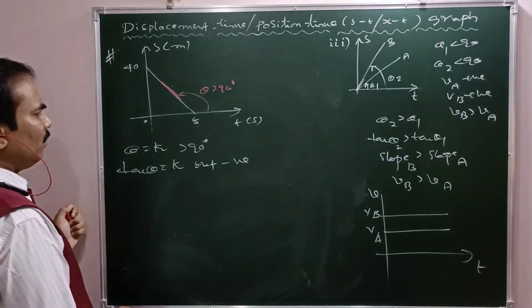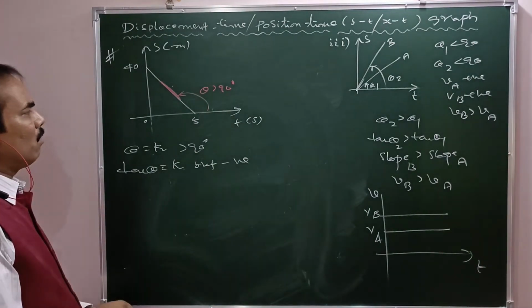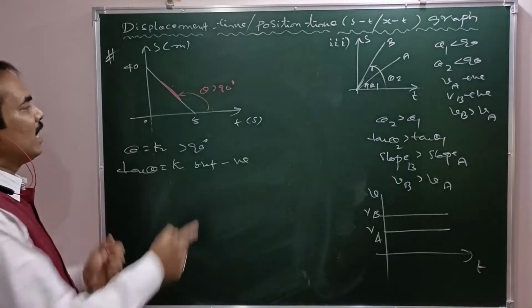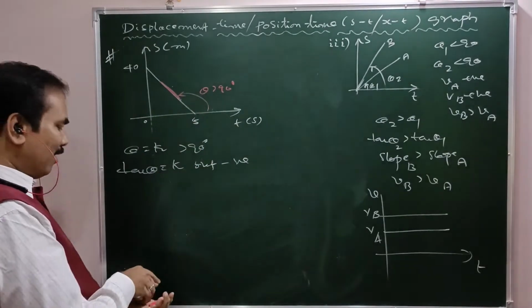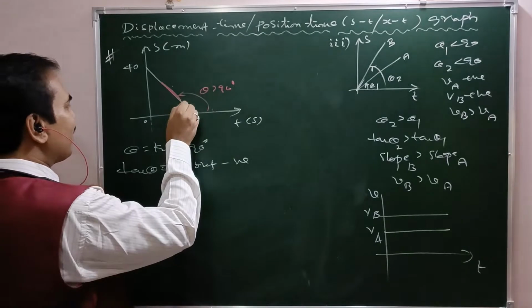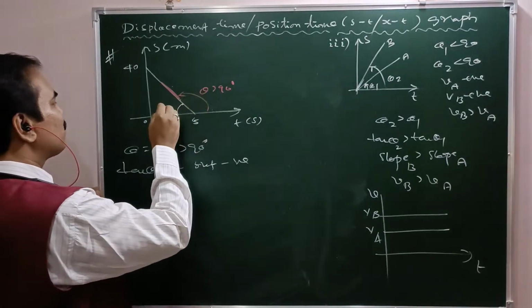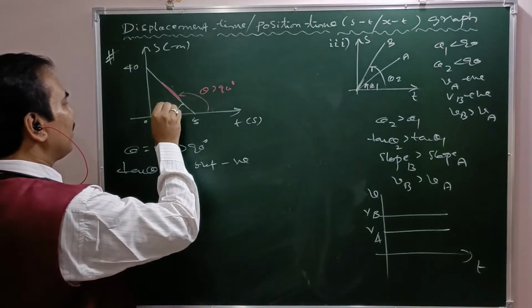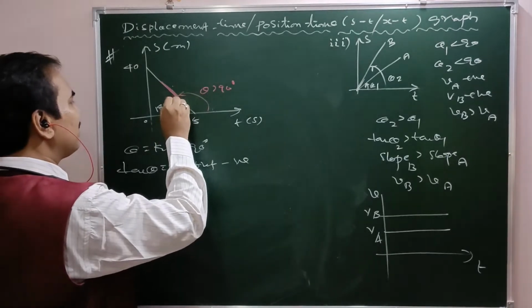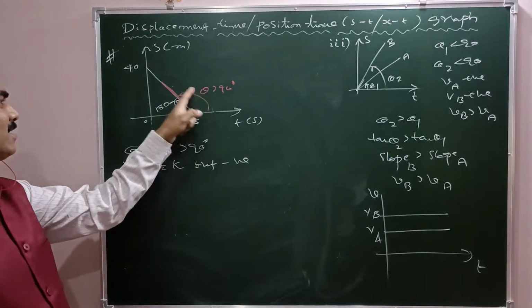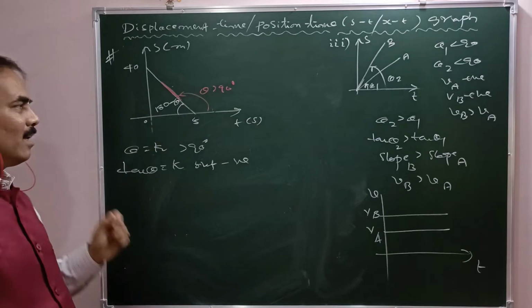Okay, right? Now how to get the tan theta here? If this angle is theta, then the rest of the angle is 180 minus theta.